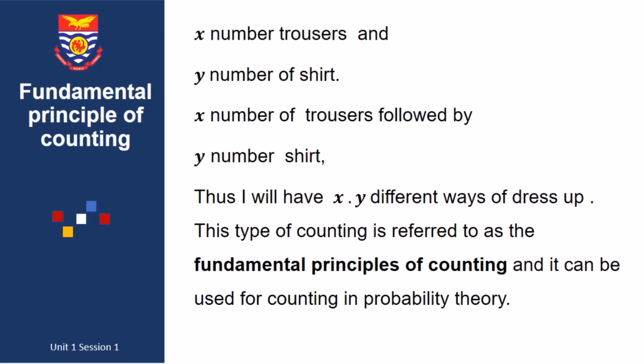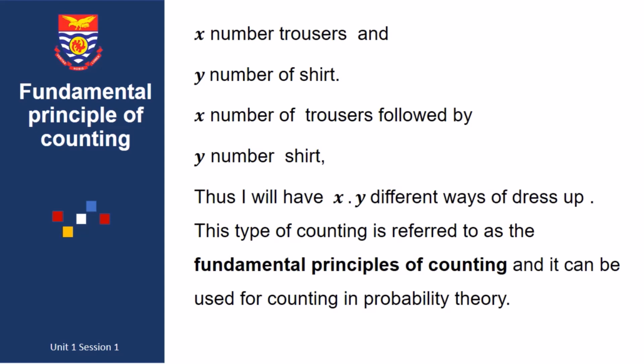Suppose I have X number of trousers and Y number of shirts to dress up with. Those X number of trousers and Y number of shirts are going to give me different appearances. So how many appearances will I have? Realize this task can only be accomplished by me wearing the X number of trousers followed by the Y number of shirts.